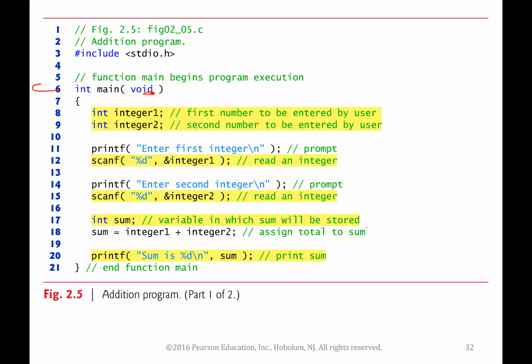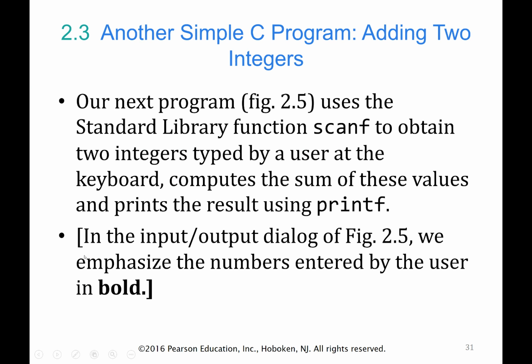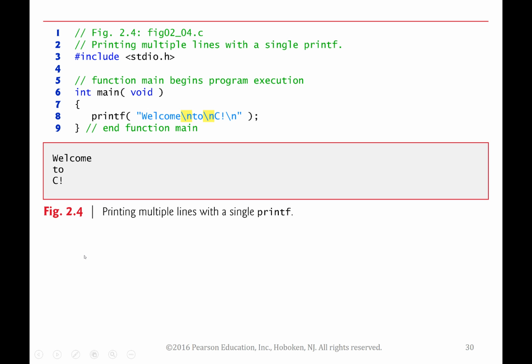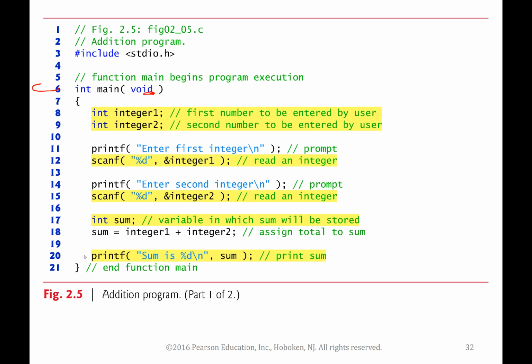Regardless, this int sum right here, this line right there, if I moved it after the sum equals integer 1 plus integer 2, I'd be trying to use that memory location before I've declared it.